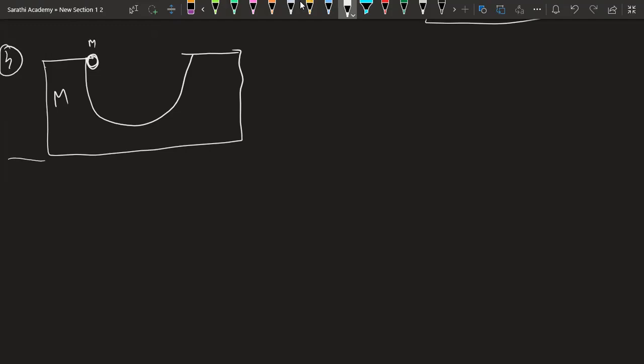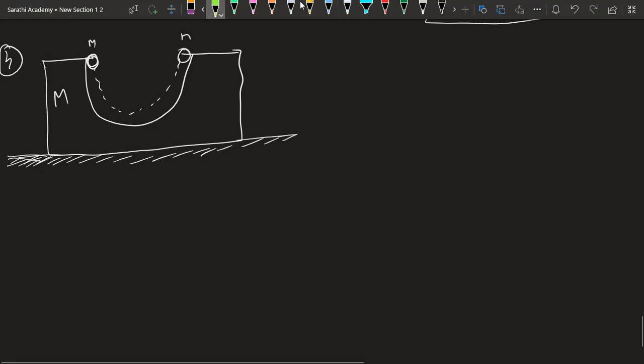It's kept on the ground but it is frictionless, like that. Now this small m is released, and it reaches the opposite end here. We have to find out the displacement of capital M. How much is the bigger block moving?